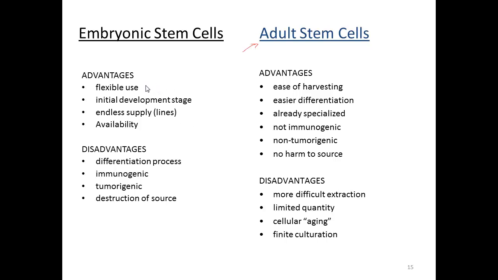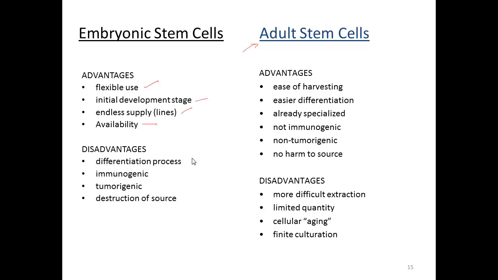Embryonic stem cells are flexible because they can form any type of tissue. We can have an endless supply because they can be proliferated indefinitely in vitro, so we can get large numbers. They're relatively easy to procure because they're early in development. They have a lot of flexibility in their development.